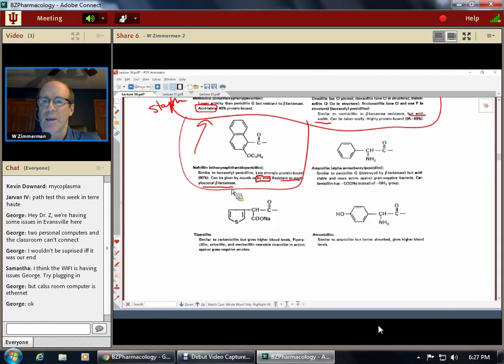Well, ampicillin came along, and this says acid stable here. Let's scratch that out. We used to give ampicillin orally. There's a better way to go at it, though, as we'll see in a second. But the big deal here was that it was active against gram-negative bacteria, so things like E. coli, it can work quite well.